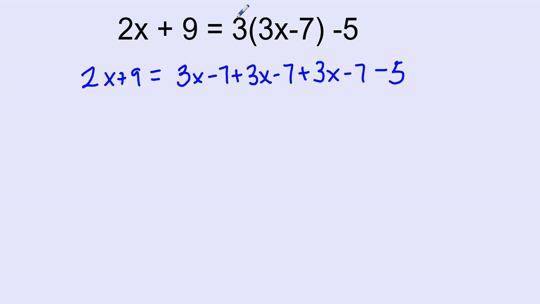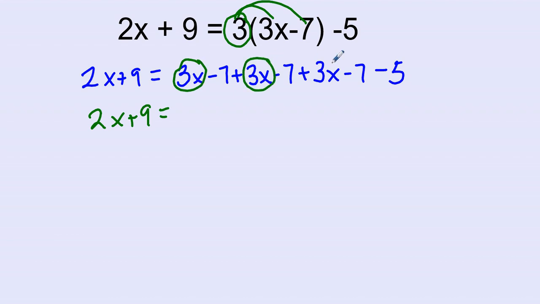Some of us who remember the distributive property know that we can take this term on the outside and multiply each thing on the inside. So let's look at what that would look like. I still have 2x plus 9 on the left. And on the right side, I have 3 times 3, 9x.